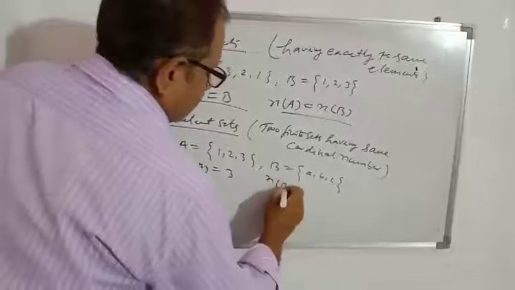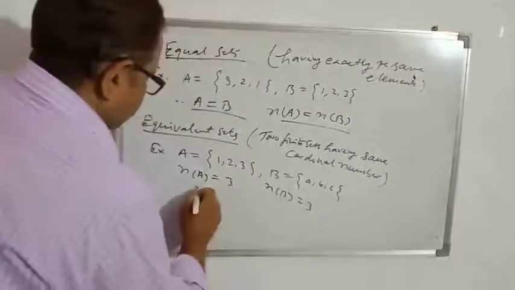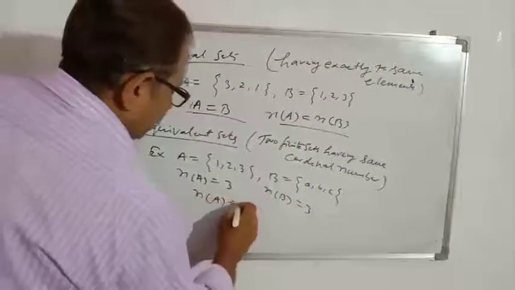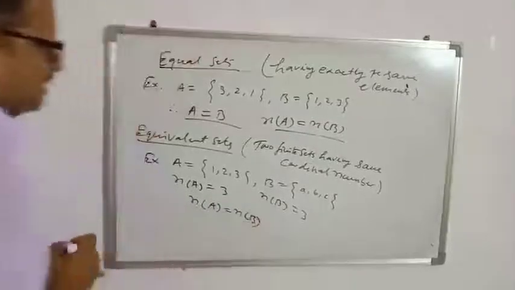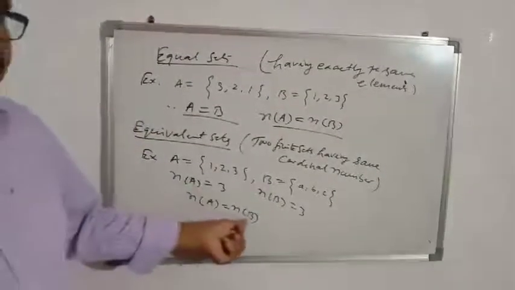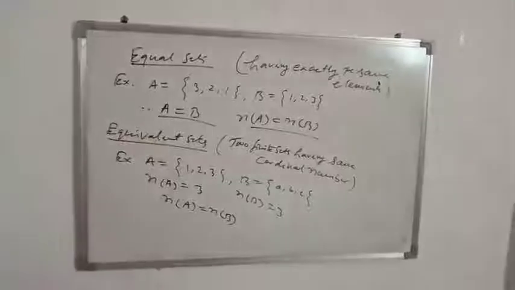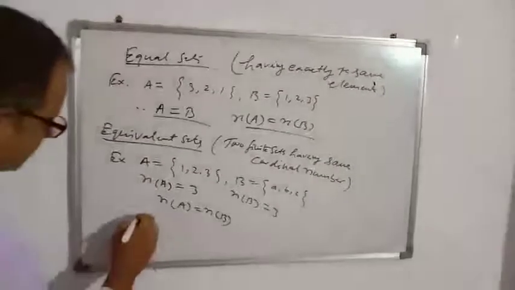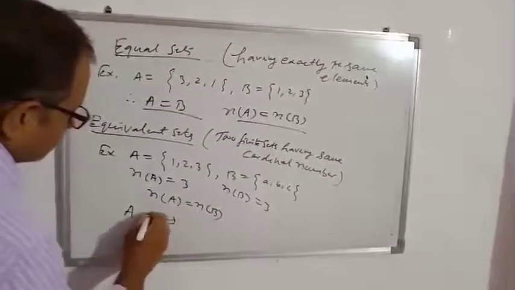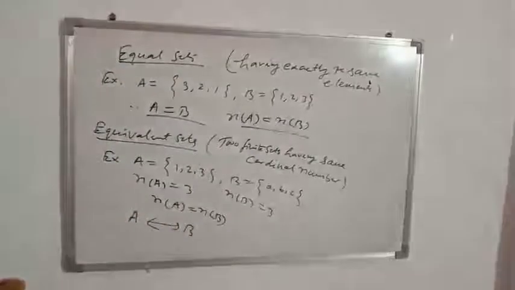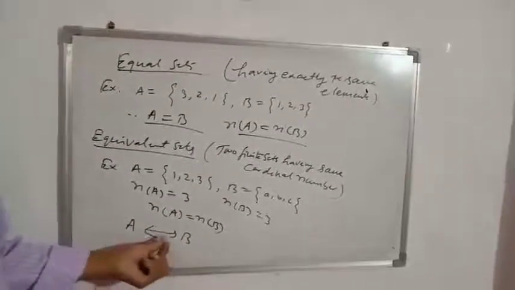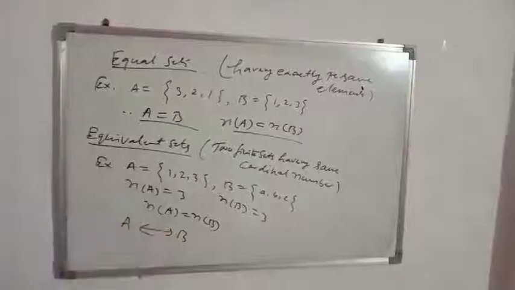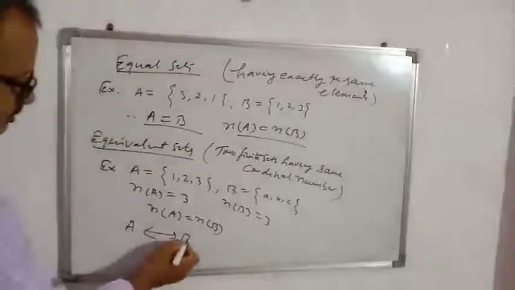What is NB? Cardinal number 3. So NA and NB both are equal. Both have the same cardinal number. So these two sets are called equivalent sets. And we represent it like this. This symbol, the both-sided arrow, is the symbol of equivalent sets. A is equivalent to B.